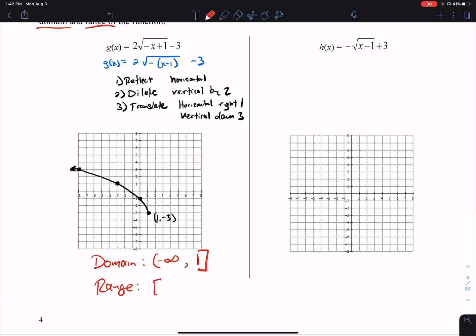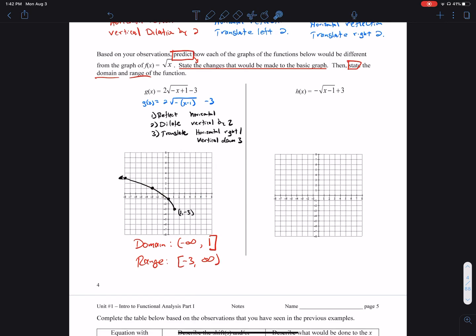It sure does. When does the graph stop going up? It never does. It continues going left and up forever, so it goes to positive infinity. Domain, range. Domain negative infinity to 1. Range negative 3 to infinity. We have just finished that problem successfully.